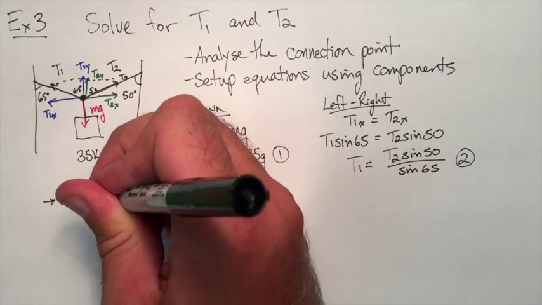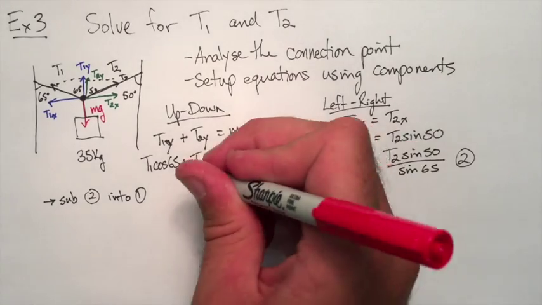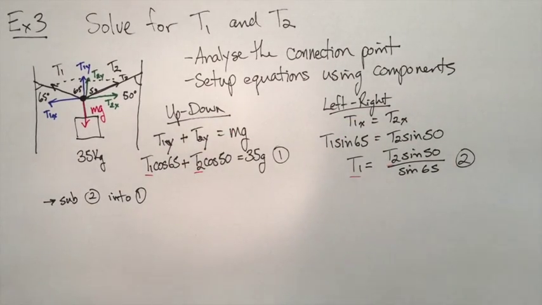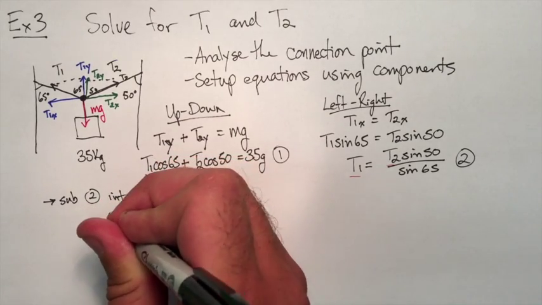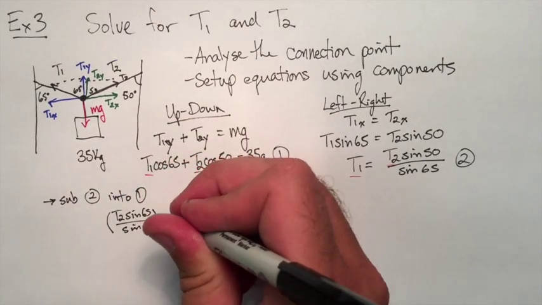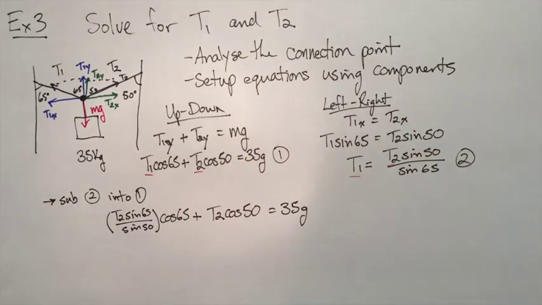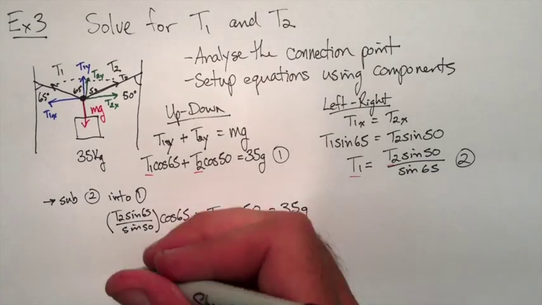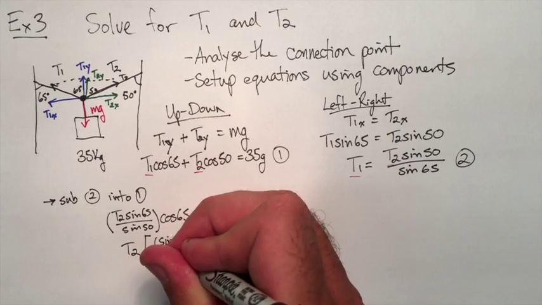Here we're going to use substitution. So we're going to sub equation 2 into equation 1 to solve for T2. So this is what it's going to look like. This is T1 being subbed into T2. So there's the rest of equation 1. We need to factor out the T2 term from those two terms on the front side.